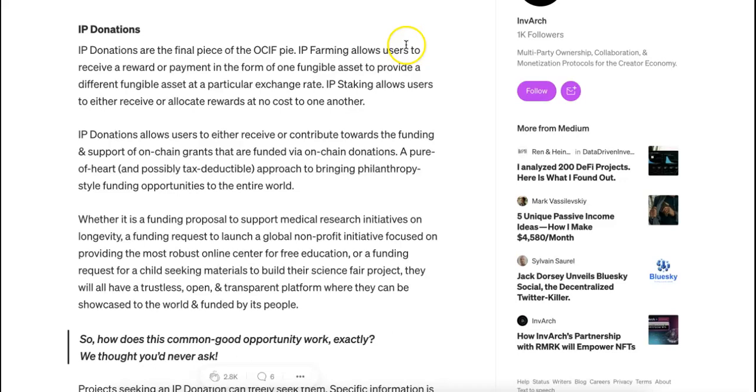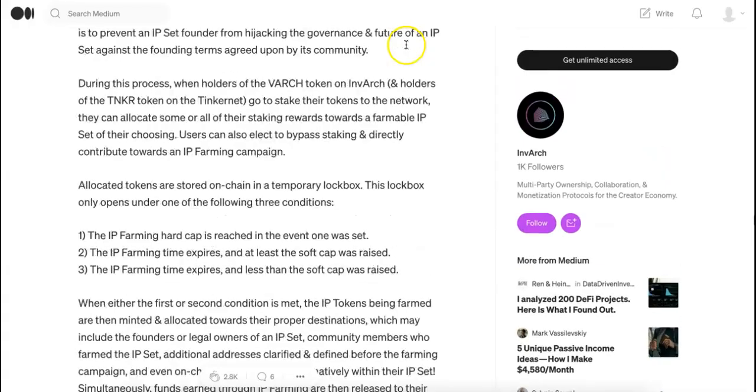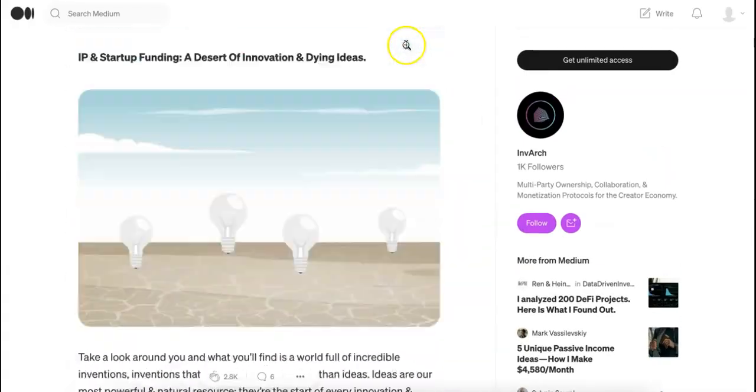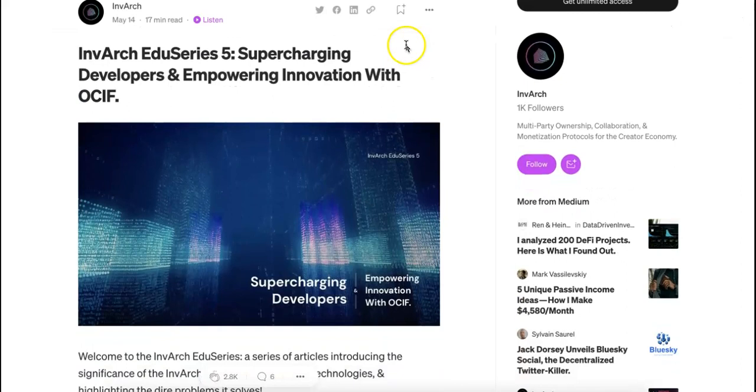And so to make it on chain, I think it's really a cool idea. All right, so we talked about three different ideas, and that's all for this OCIF. And that's also one of the applications of InvArch, to support ideas and to make the ideas real.